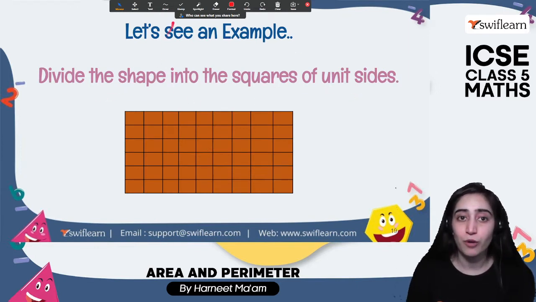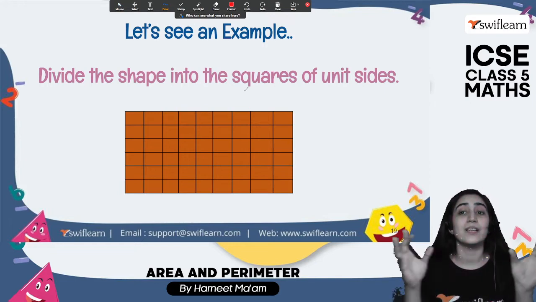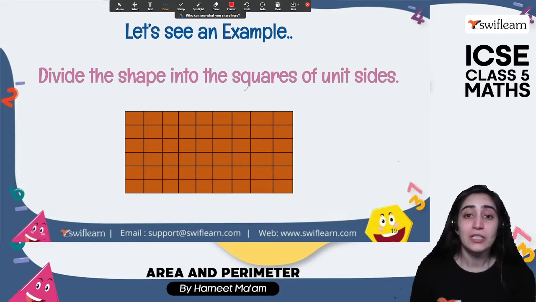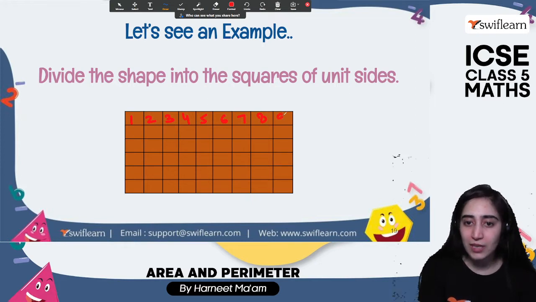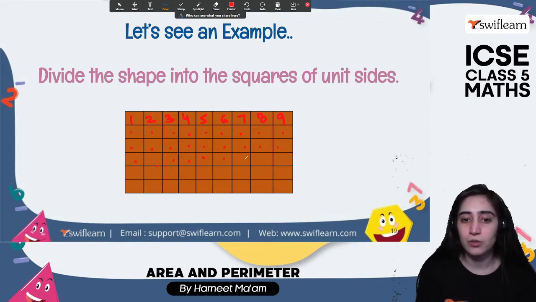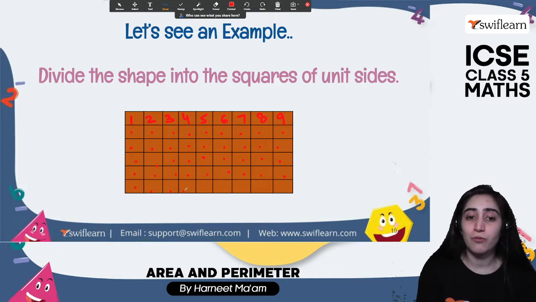This is the shape of a rectangle, and there are so many squares. We're trying to make it on a graph. So the moment I make it on a graph, I count: 1, 2, 3, 4, 5, 6, 7, 8, 9, 10, and so on, up to 54.